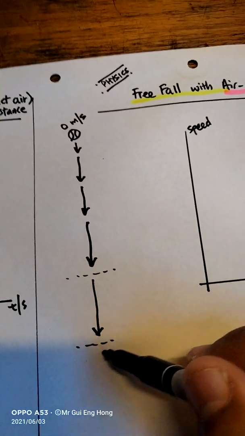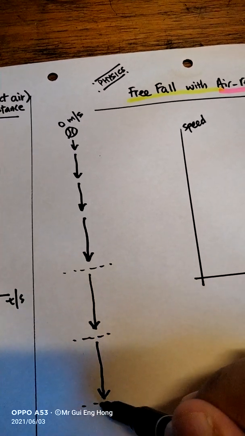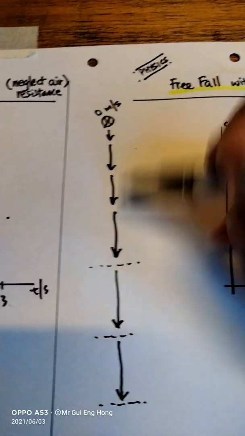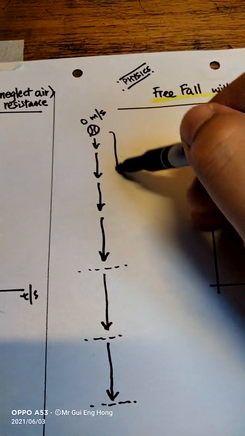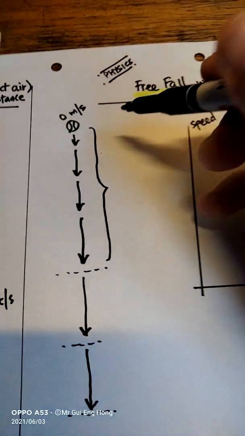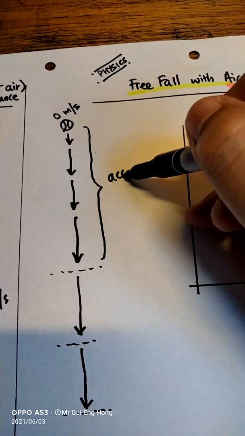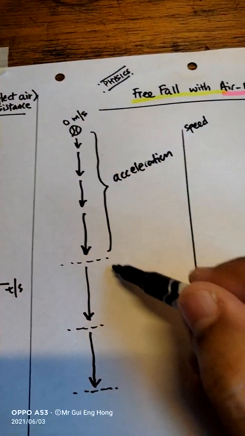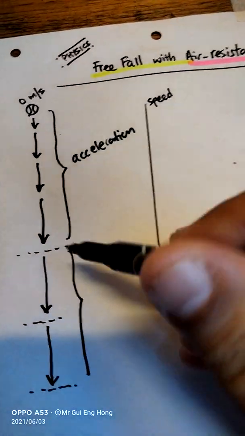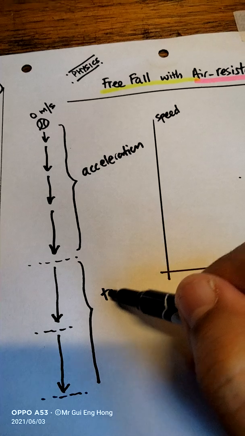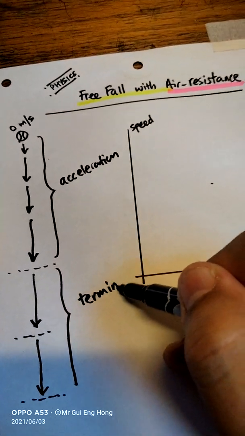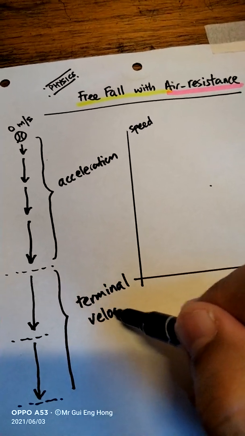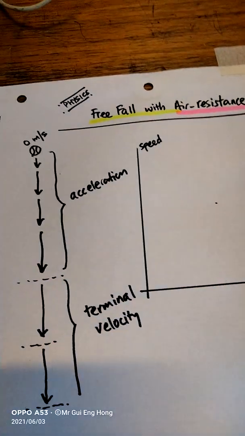So this part here is what we call the acceleration, and this part here is what we call the zero acceleration, but because the speed is final and constant, we call this the terminal velocity or terminal speed.